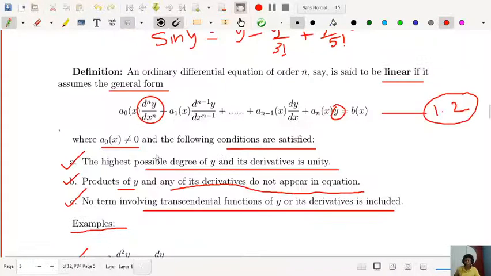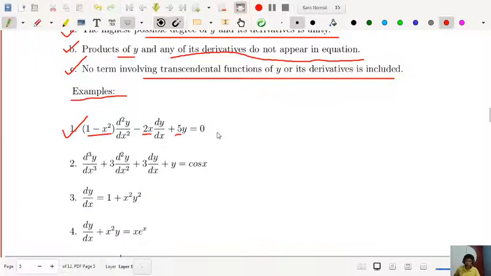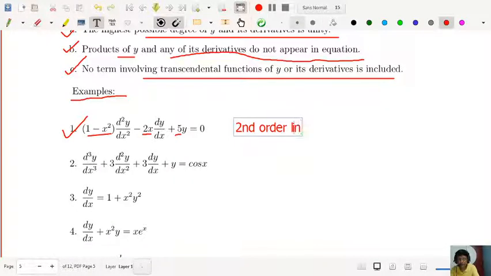So it satisfies all the 3 conditions. Highest possible degree of y and its derivative is unity, product of y and its derivative does not appear in the equation, and no transcendental functions. So this is called second order linear ordinary differential equation. Let me write second order linear ODE, ordinary differential equation. Clear? So this is your second order linear ODE.